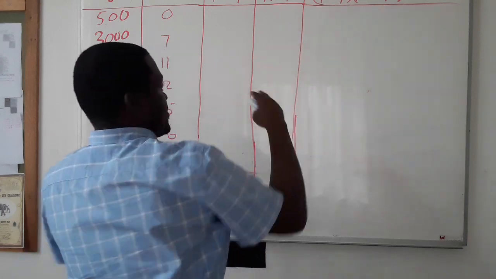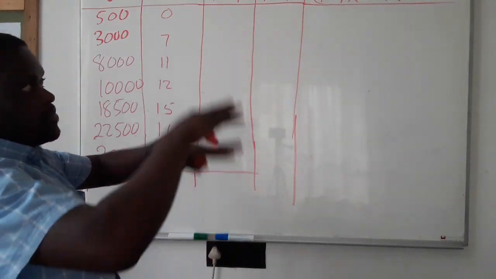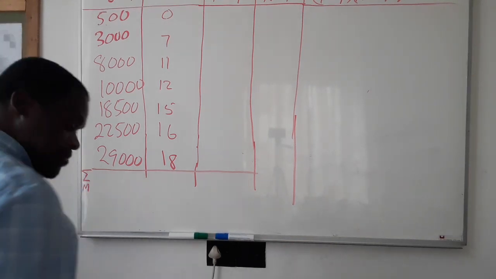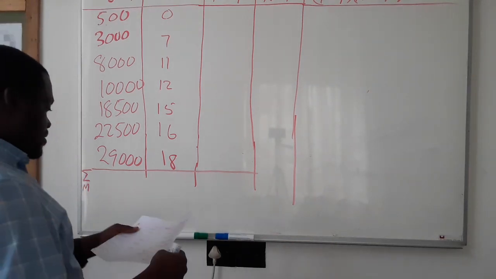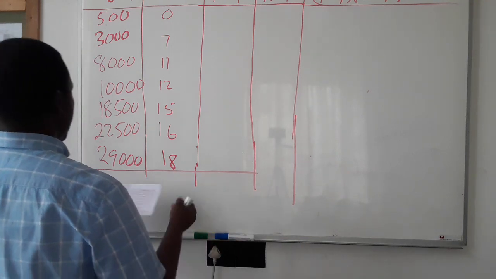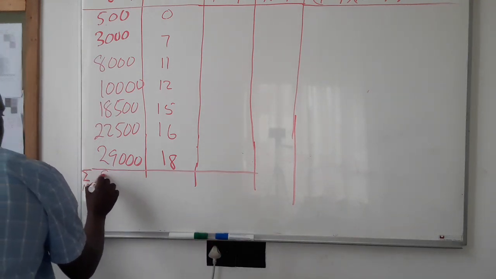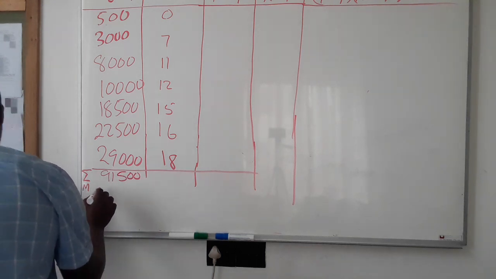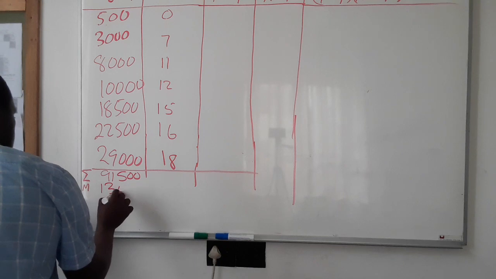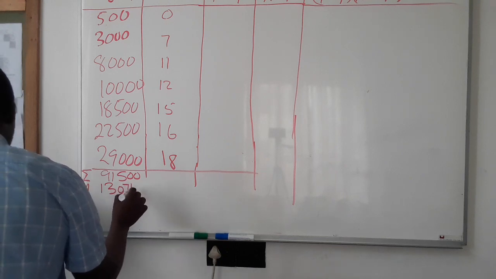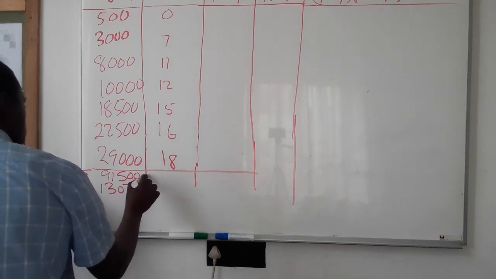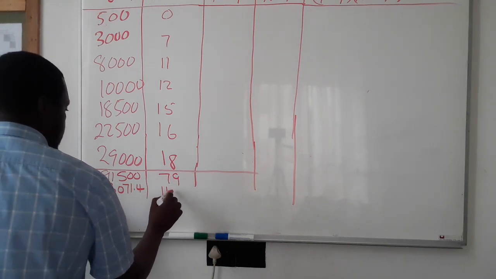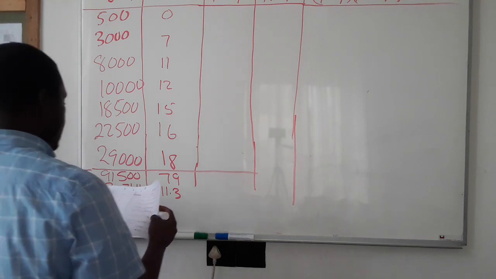Now this tells us whether they are moving together or not. Now, to save time, I've already calculated these ahead of you. Now, the sum here is 91,500. The mean is 13,071.4. The sum here is 79. The mean is 11.3. Okay?